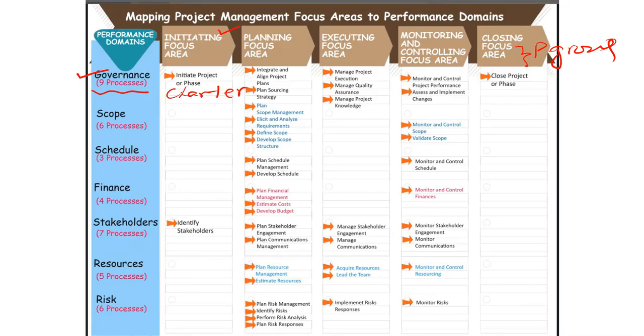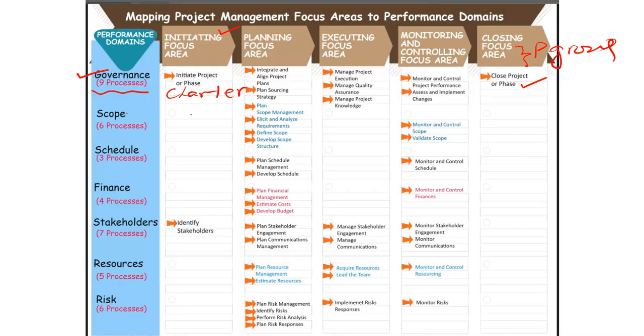This is the first process, and then integrate and align, and then align project, and plan sourcing strategy, and then in executing we have manage project execution, manage quality assurance and so on. The last process is close project or phase. So if you count, these are 9.